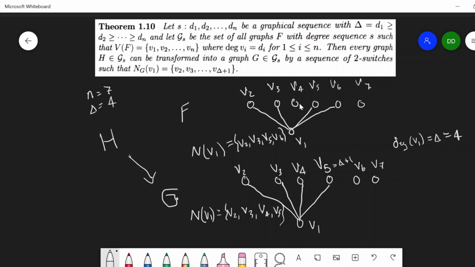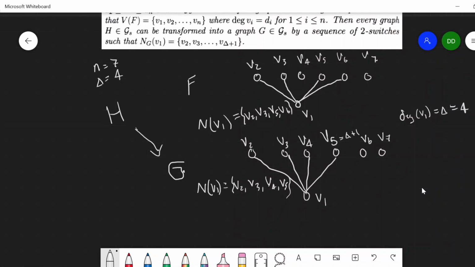And I'm going to perform a two switch between that edge that I find and this edge V1, V5. That's going to transfer this edge V1, V5 over to V4. And the idea is I can do this for every edge that's over here that's not in order, that I can always find this edge. So that's really what we're going to try and prove in this theorem.